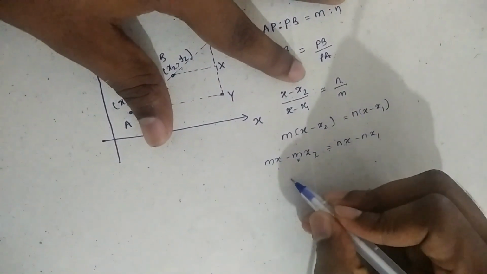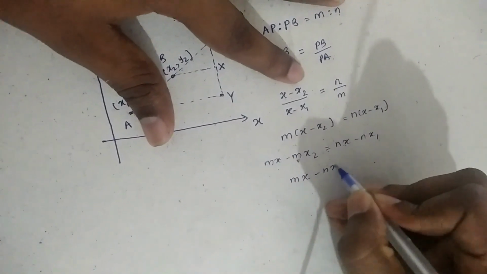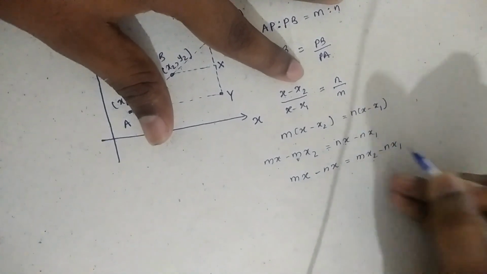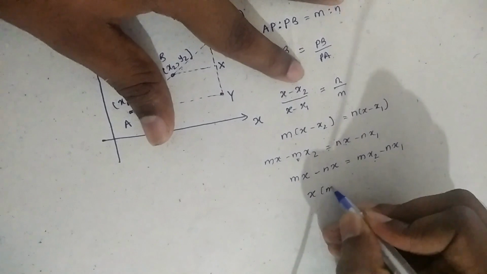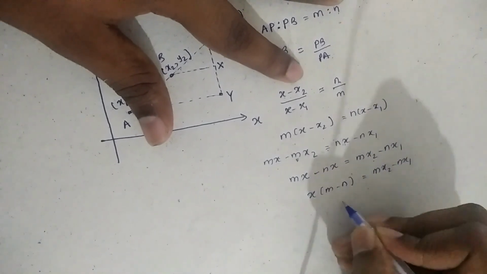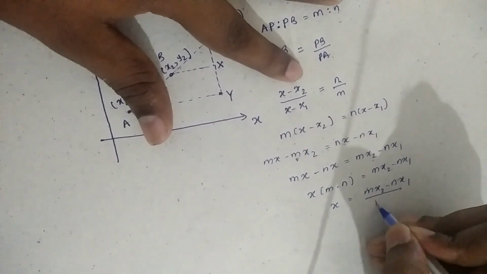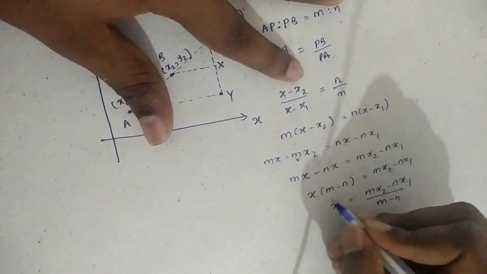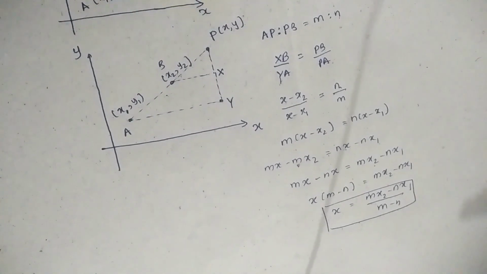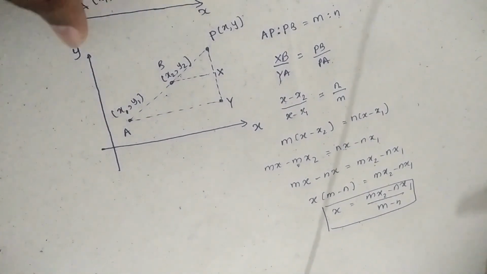You will have mx minus nx equals mx2 minus nx1. Here x is common, so you have (m minus n)x equals mx2 minus nx1. So x equals (mx2 minus nx1) over (m minus n). This is the formula to find the value of x.